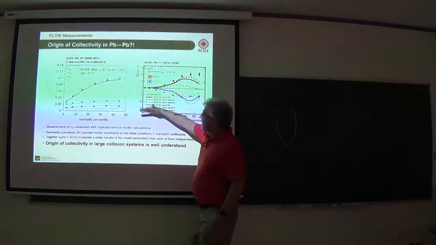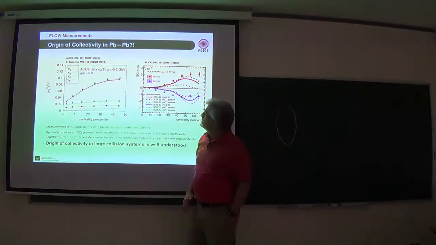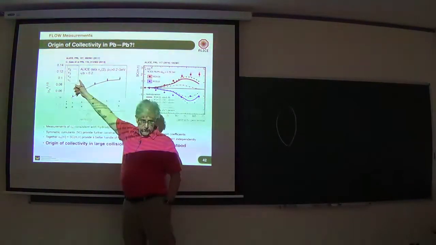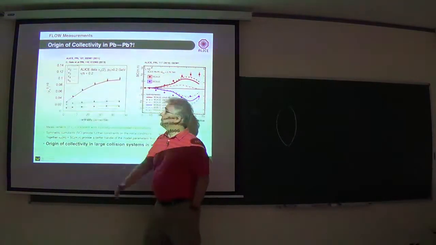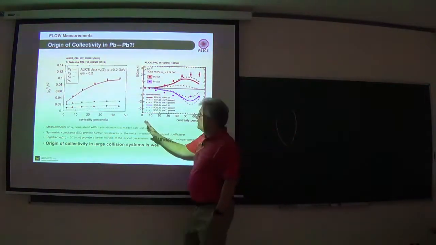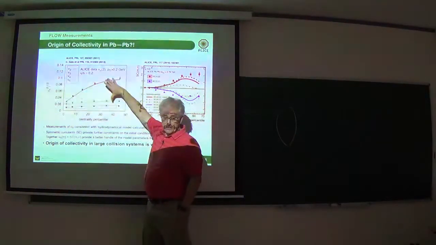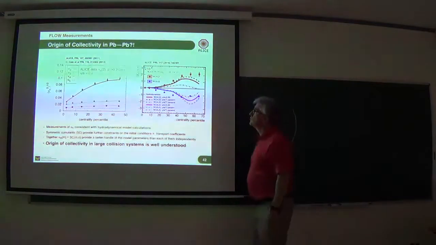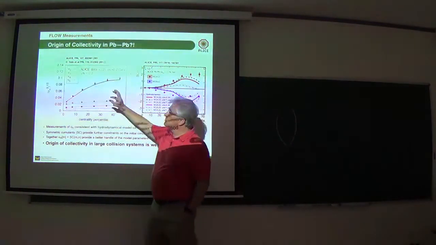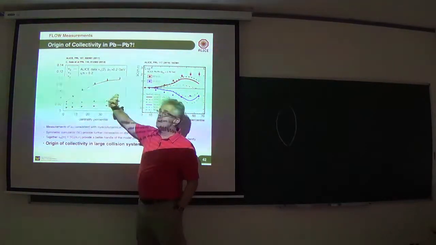We compare with the model, and in this case the model has an eta over S, or shear viscosity per unit of entropy, of 0.2. And we see that with this much viscosity, we can in fact obtain a very good agreement with the data. Now, truth be told, you can change the viscosity a little bit down, a little bit up.